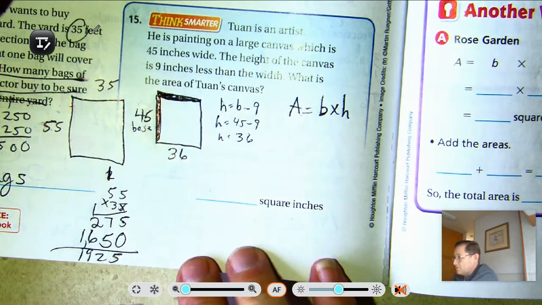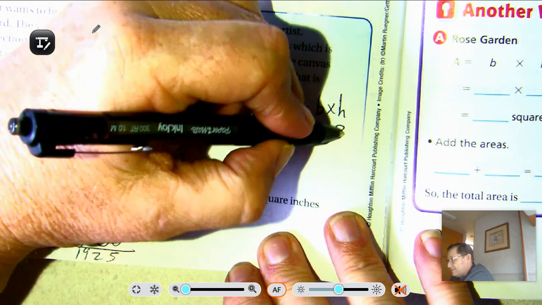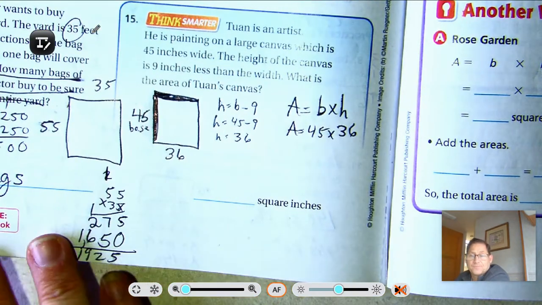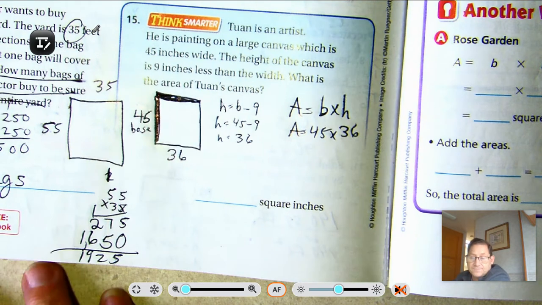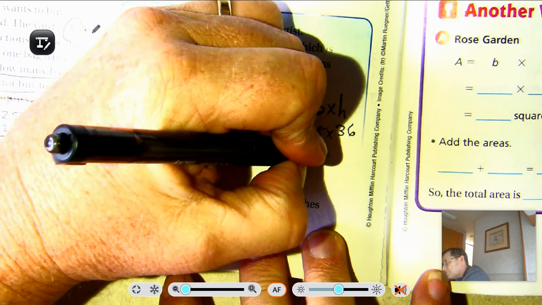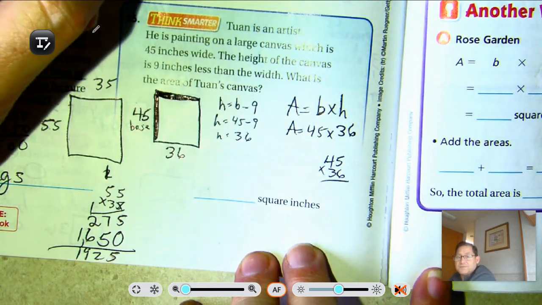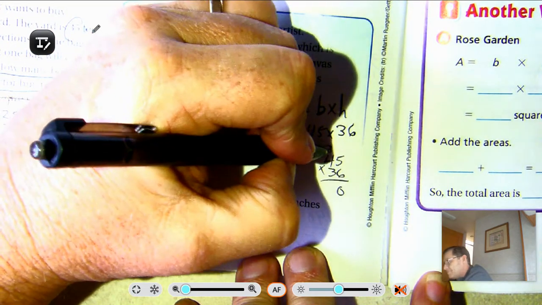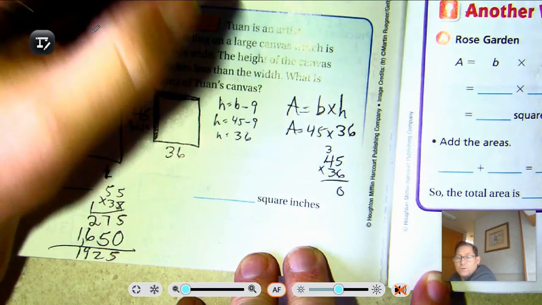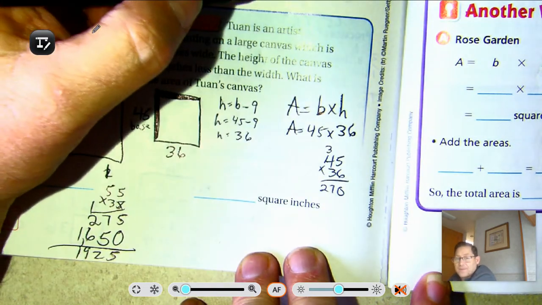Okay, so the area equals 45 times 36. What is 45 times 36? Well, 6 times 5 is 30. 6 times 4 is 24, plus the 3 regrouped tens, 270.